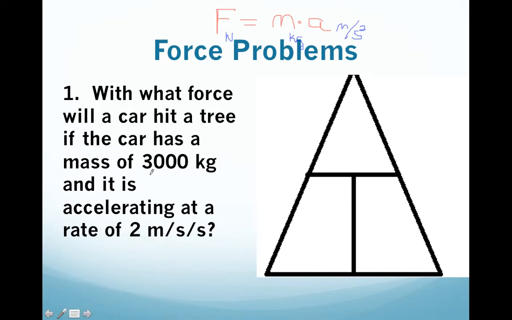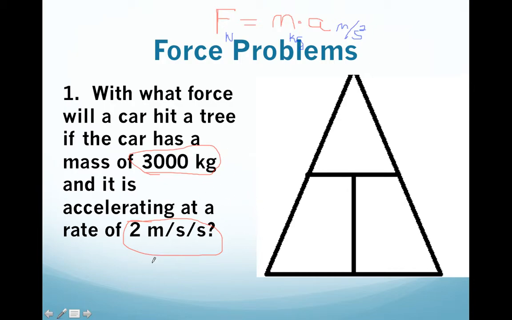So what we have right here, again, I'm going to start by circling content or numbers that I know. I've got 3,000 kilograms and 2 meters per second squared. The first one says, with what force will a car hit a tree if the car has a mass of 3,000 kilograms and it is accelerating at a rate of 2 meters per second squared?